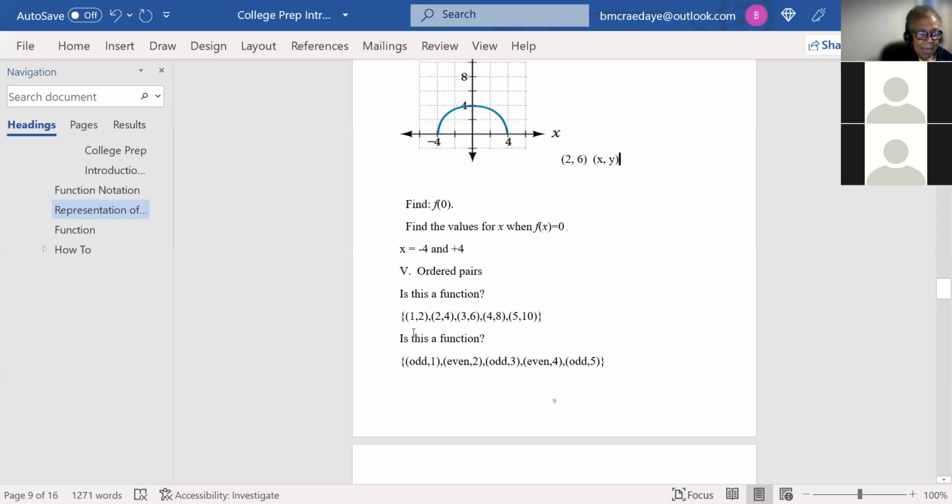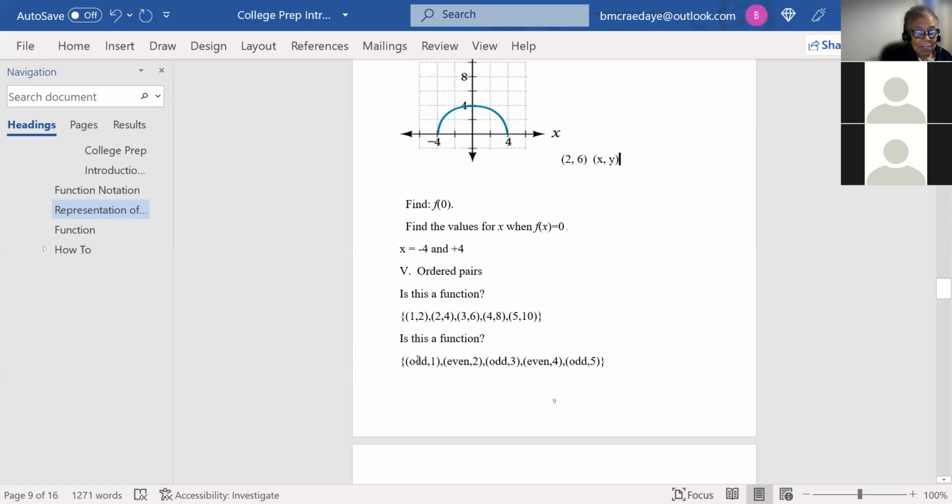Now remember, the X, the Y. Is this a function, Chastity? Yes. Why do you say it's a function? Well, you're correct anyway, because all my X values, 1, 2, 3, 4, 5, only have one Y value. So this is a function.